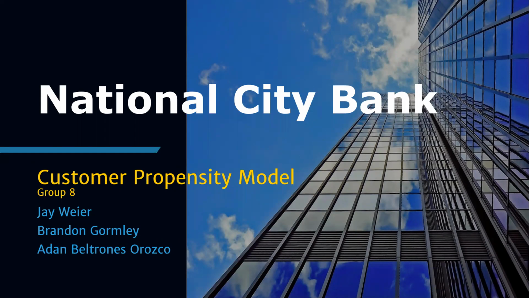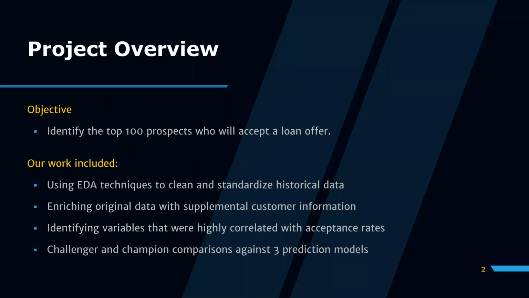Today we're going to talk to you about our customer propensity model that we created. The objective of this project was to identify the top 100 prospects who might accept a loan offer based on historical data. So we looked at that historical data, and we cleaned it up using exploratory data analysis.